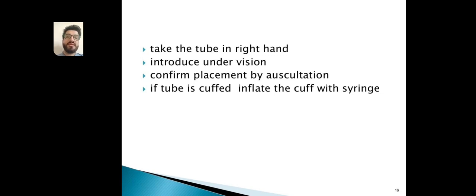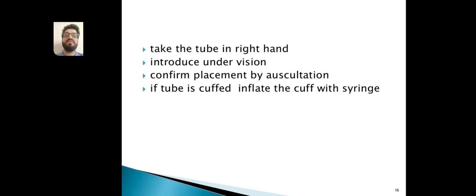In certain cases, if we are not able to see the epiglottis and if we are not able to visualize the vocal cords, we can use video laryngoscopes, which are advanced laryngoscopes nowadays, having a small monitor on it, and through that we can indirectly see the vocal cords on the screen.